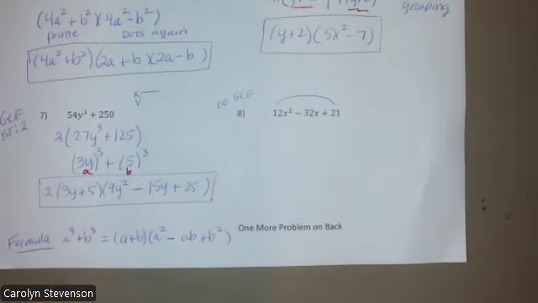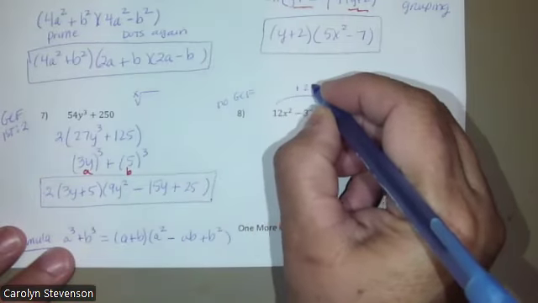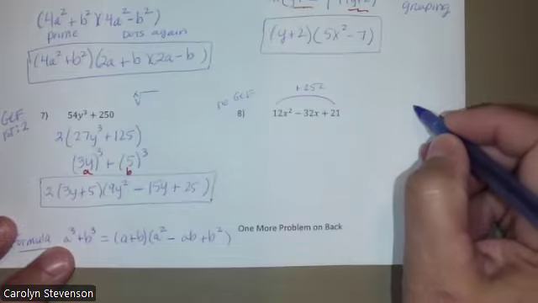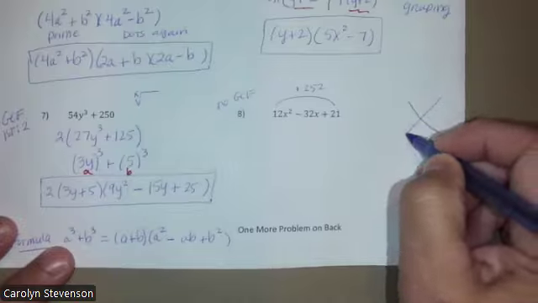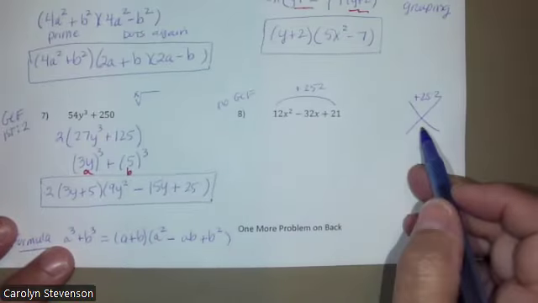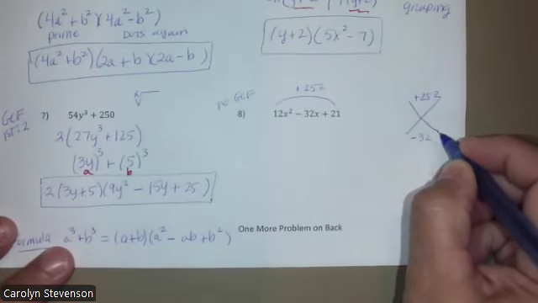So 12 times 21 is 252. And we're going to get positive because we have a positive times a positive. So we are trying to get two numbers that multiply to 252, but add to this middle number, minus 32.